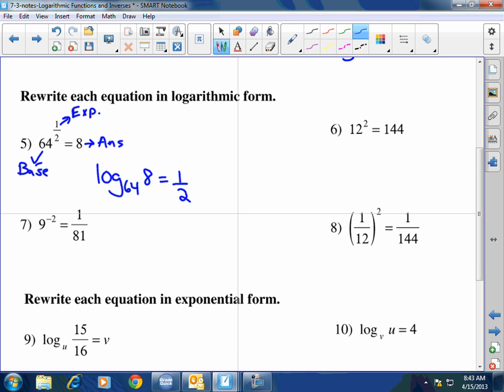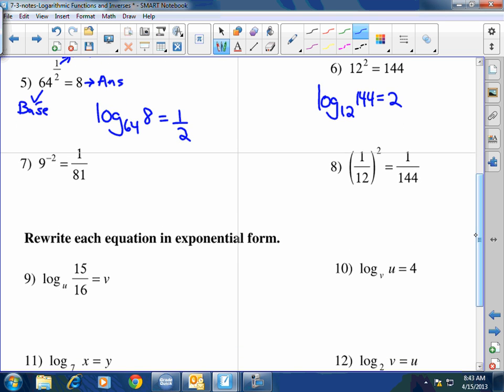Number 6, log of base 12, of the answer equals the exponent. Please, guys, if you don't see this, please talk to me. This is the easiest part, but if you really understand this, the rest continues to be very easy. But you need to know today's lesson really, really well.